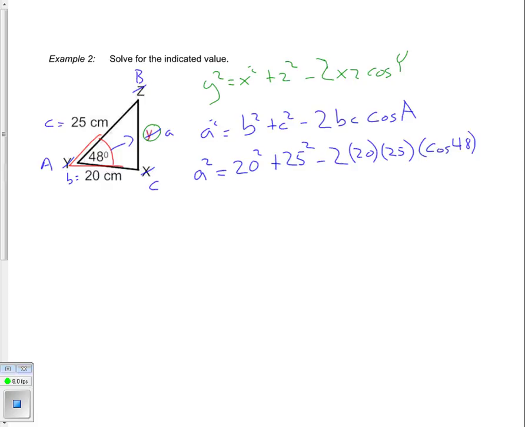Again, I will highlight that the back part is all multiplication. So please make sure that you are doing multiplication on that back piece.